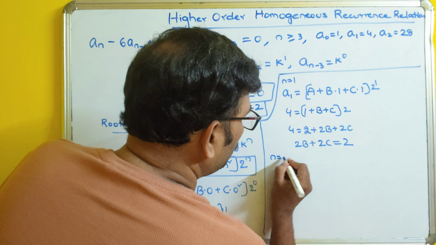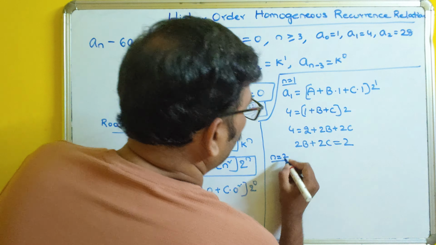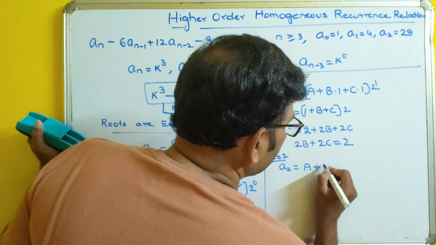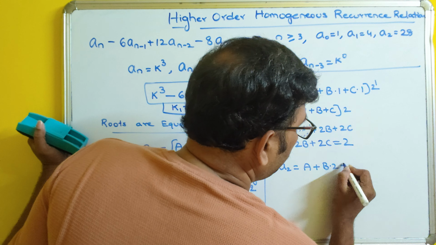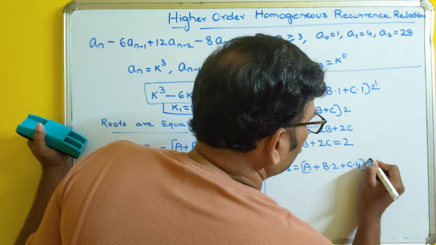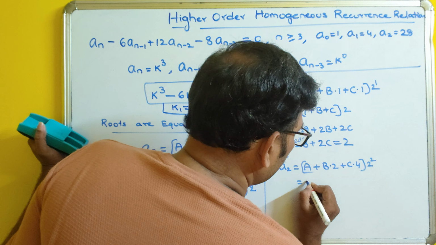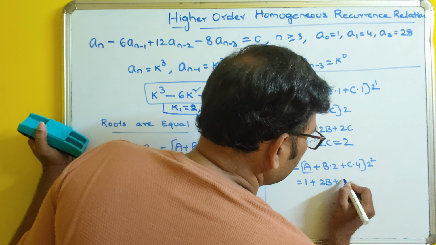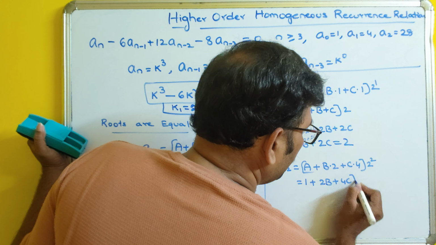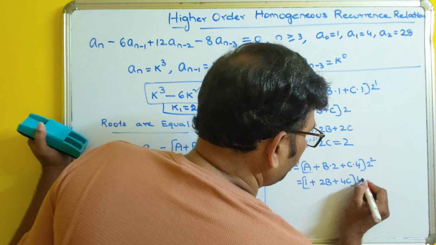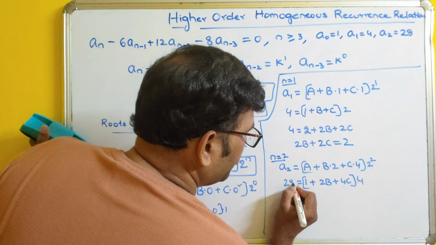Next, n is equal to 2. a2 is equal to (a plus b into 2 plus c into 4) into 2 power 2. So which becomes a value 1 plus 2b plus 4c into 2 square, that means 4. a2 value is 28.